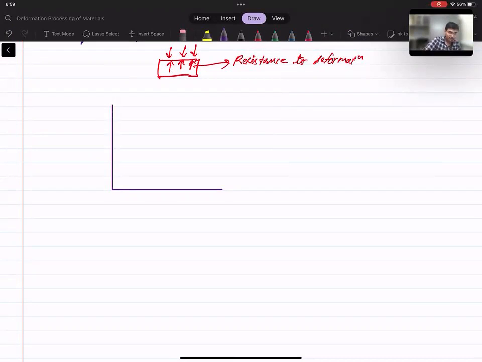Suppose this is my rolling load, or rolling pressure, anything we can represent on this axis. So this is rolling load, and this is my sheet thickness.